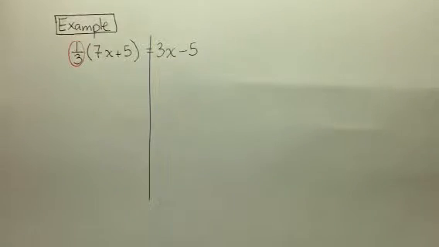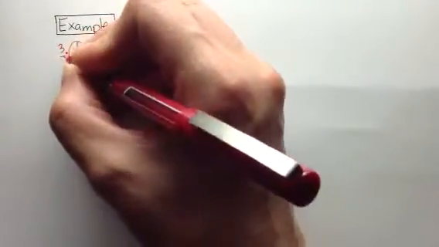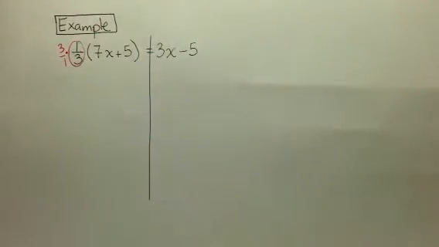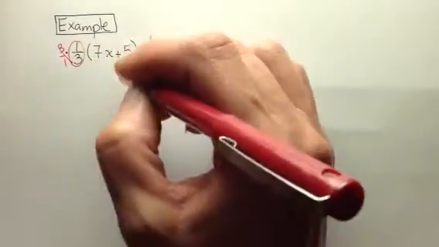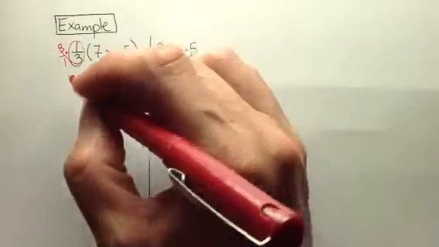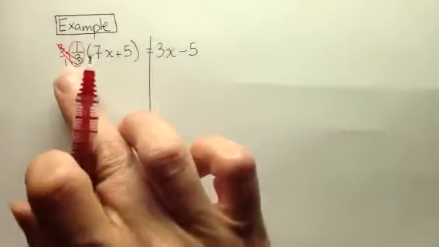So instead of distributing, I'm going to use my inverse operation, my inverse property right now, where if I multiply by the reciprocal, 3/1, essentially that is times the whole left side, because that would get distributed. So I'm just going to do that. I'm not going to distribute it because I already did.